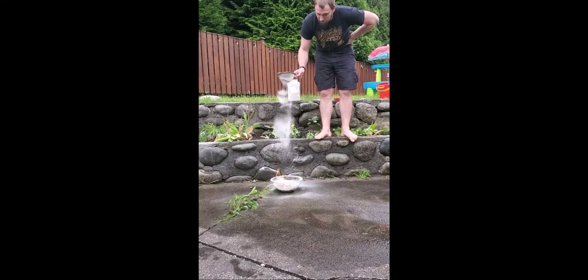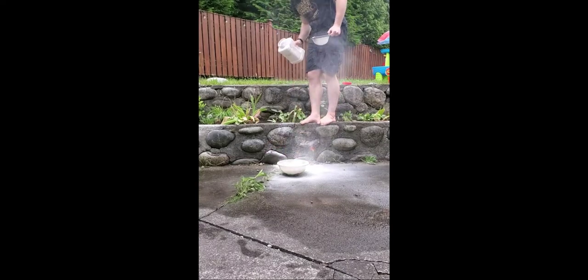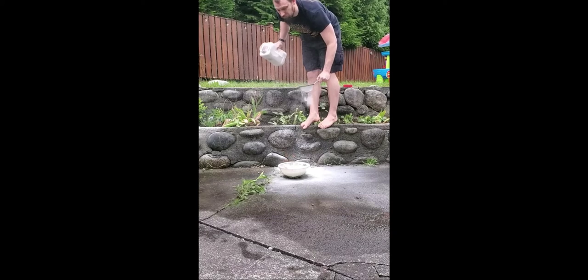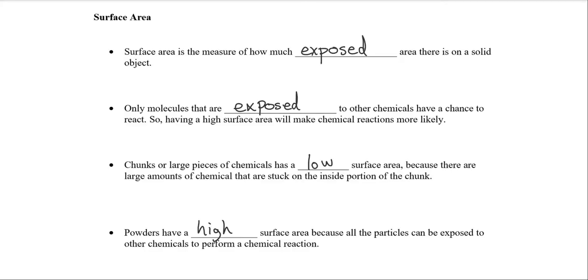When the powdered flour falls through that oxygen into some flame, that high surface area means that it can react rather quickly, and that's why you see the growth of flames where we didn't see it before on just the pile of flour. So controlling the surface area is actually a very important part of controlling the rate of reactions, and having a reaction that occurs too fast can be very dangerous.